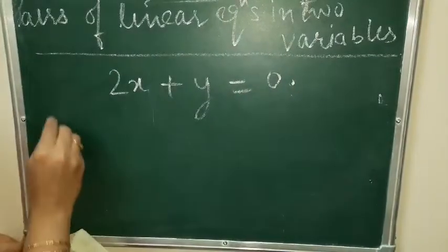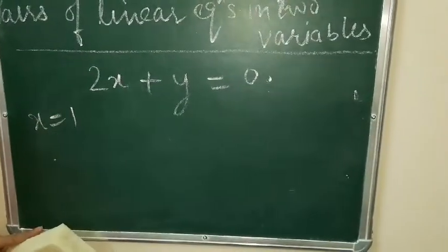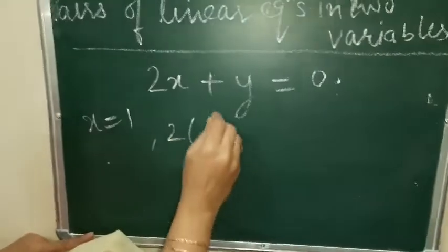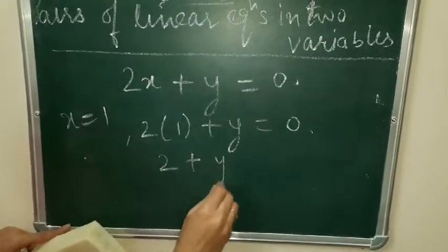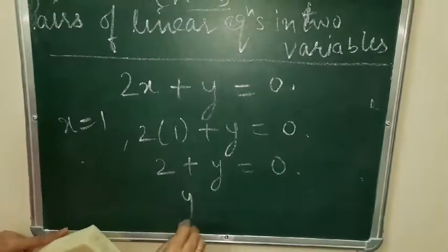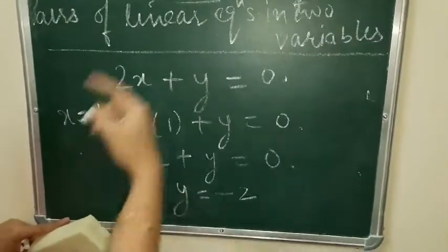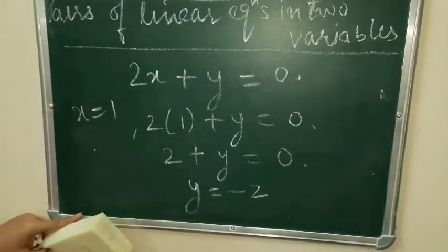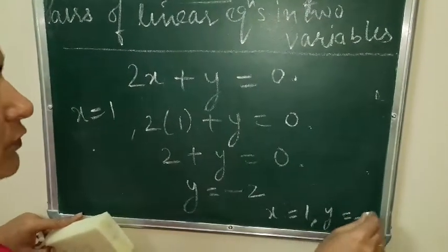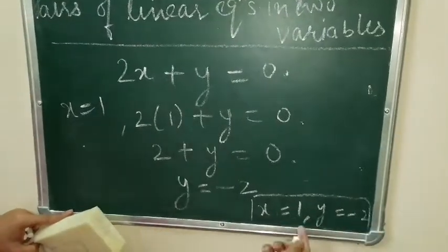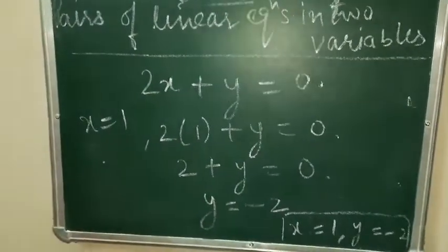If I put x equal to 1, it would be 2 into 1 plus y equal to 0. 2 plus y equal to 0 and y will be equal to minus 2, because 2 will go there with a negative sign. So x equal to 1, y equal to minus 2. We were saying in class 9 that this is the solution of this equation.